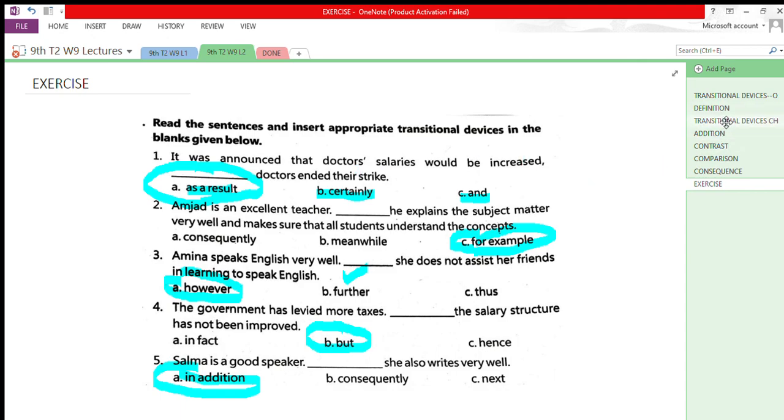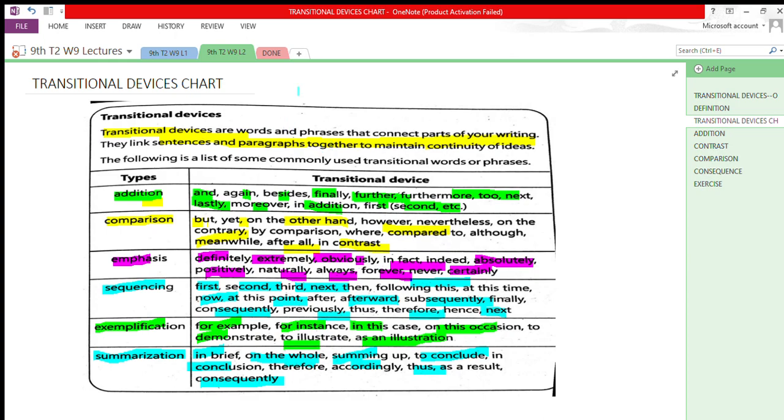So here is a quick recap of our today's lesson. What are transitional devices? They are words or phrases that connect parts of your writing, and they link sentences and paragraphs together to maintain continuity of ideas. Okay. So there are different transitional device types like addition, comparison, emphasis, sequencing, exemplification, summarization, and they are used in different ways.